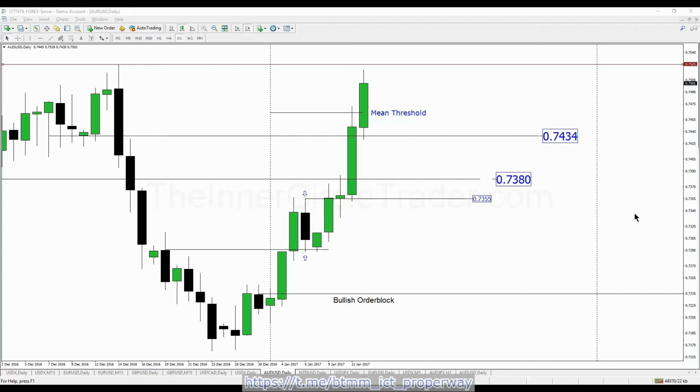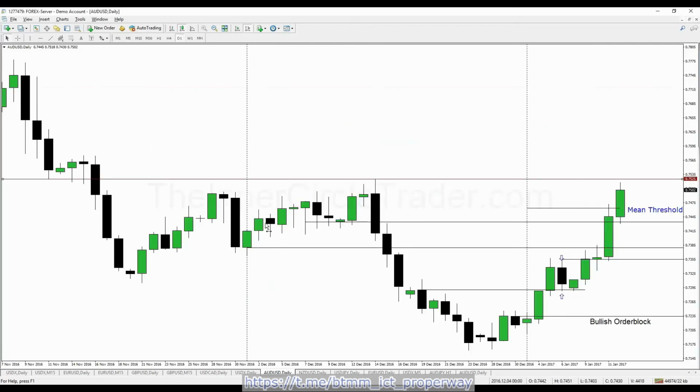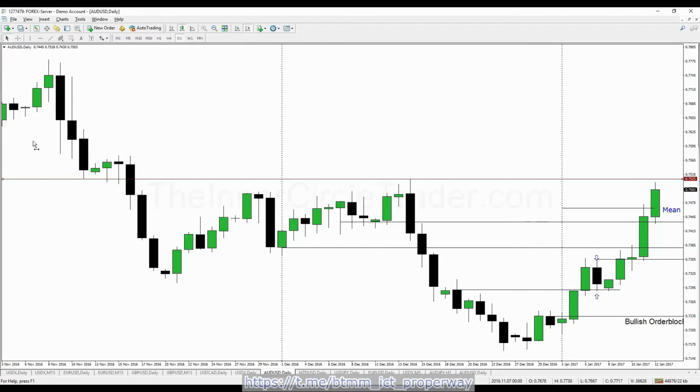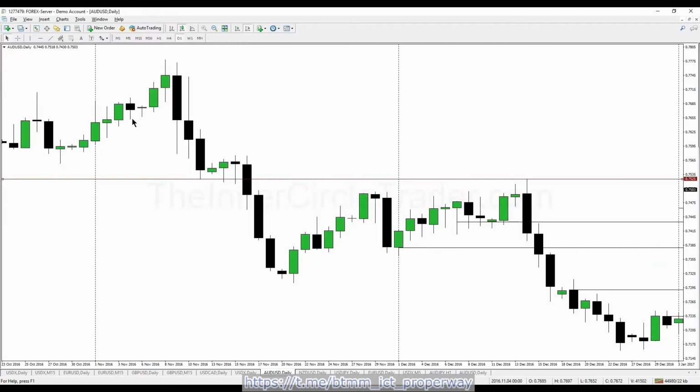Having that move from 73.80 to 74.34, it closed in that fair value gap that we've been monitoring that occurred in December 2016, and then price has moved through the mean threshold. It's obvious that we'll see a move above that 75.25 level. How much further? Like I said, 75.80 looks likely, and if we do that, we could really make a run all the way up into 76.